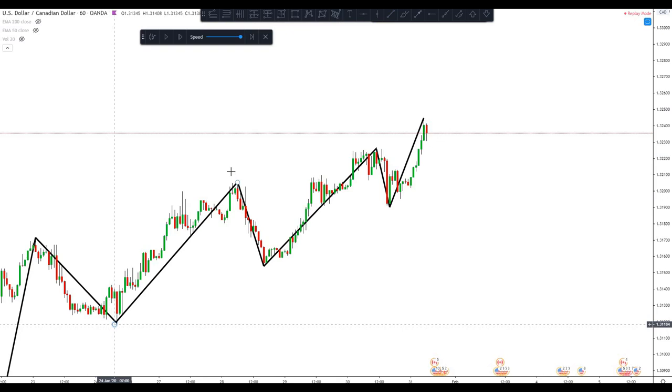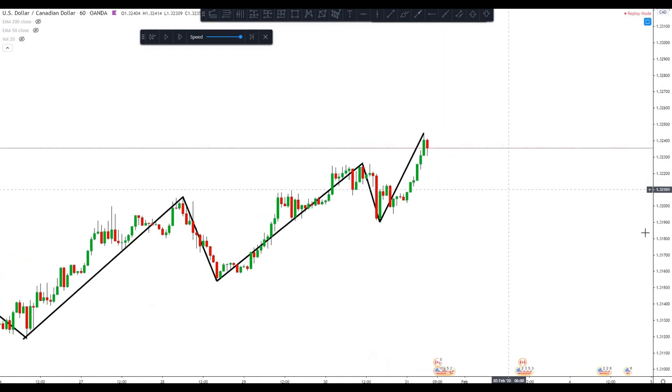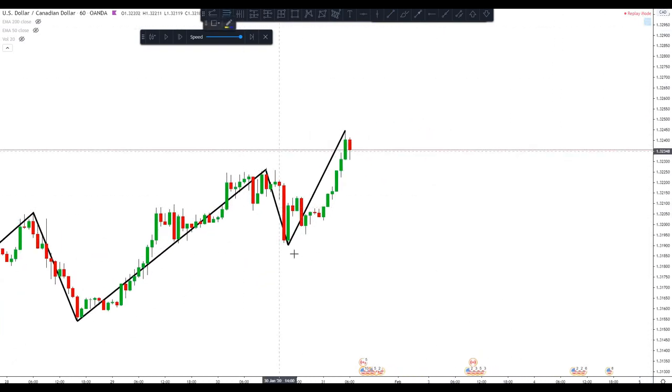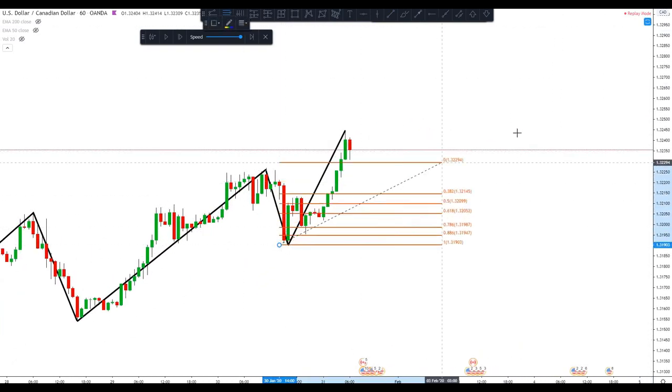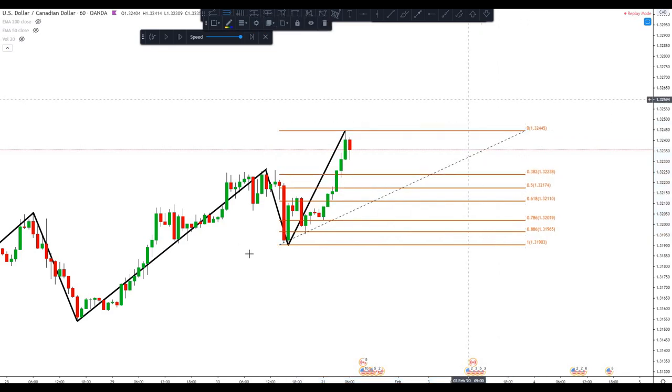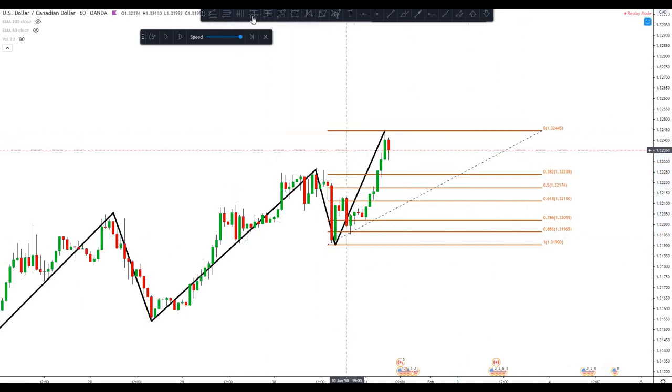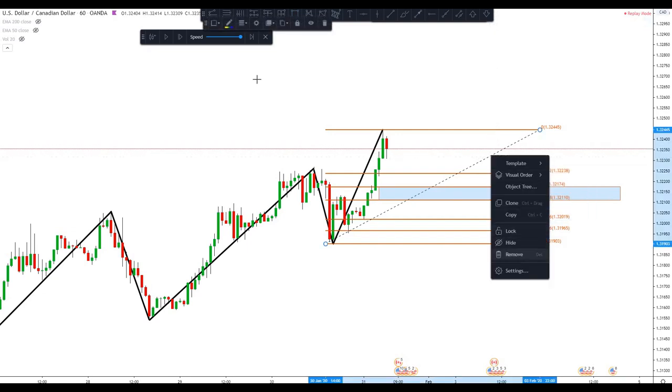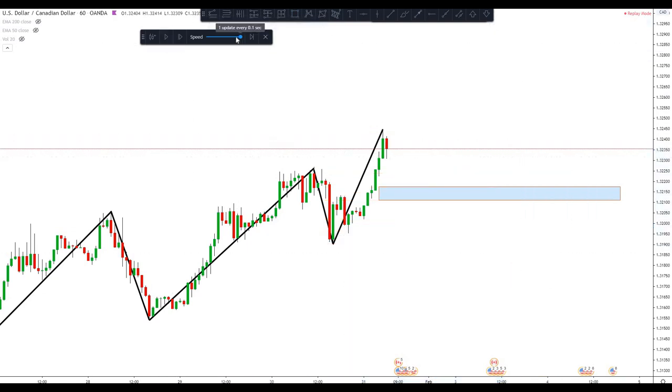Okay, so we have a swing high, higher low, higher high, higher low, higher high. What do we expect next? Another higher high. So we're going to take our Fibonacci retracement tool, go from low to high, and buy around the 50 and 61.8 Fibonacci retracement levels. And now let's see what happens here.